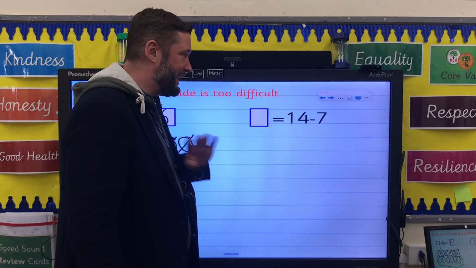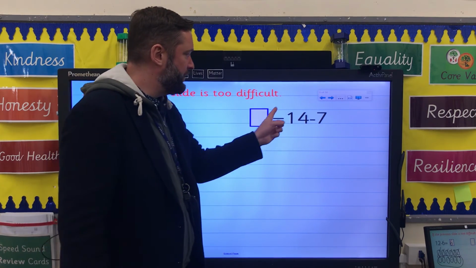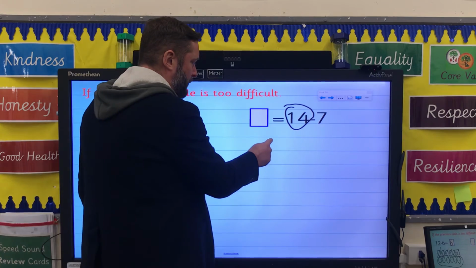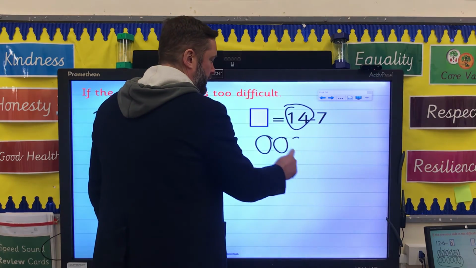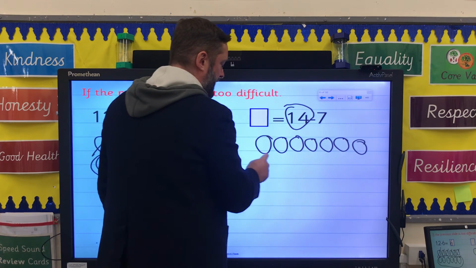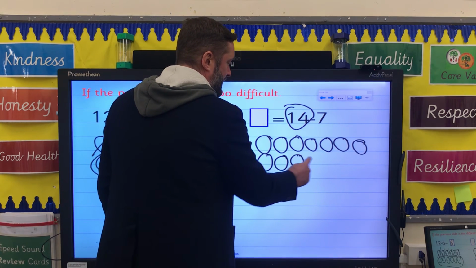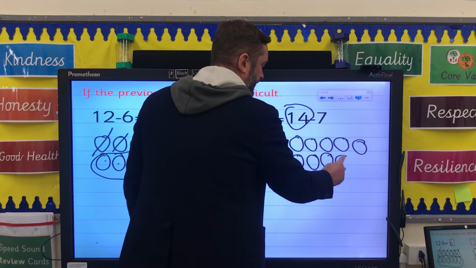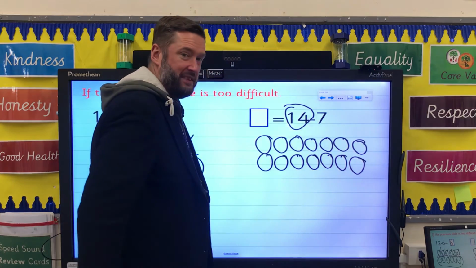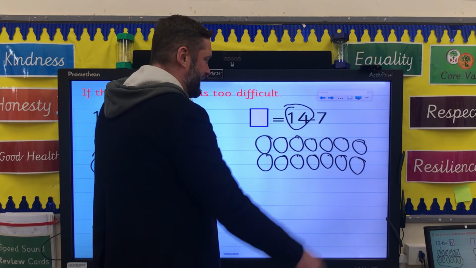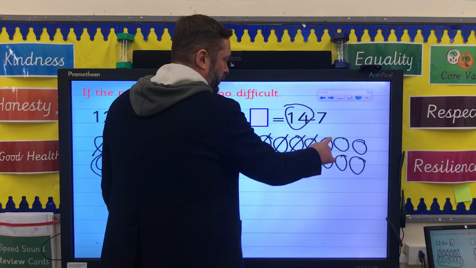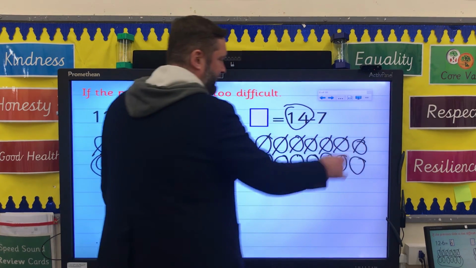This one is exactly the same, the answer's just going first. So we're going to make the whole, or the largest number, count with me. 1, 2, 3, 4, 5, 6, 7, 8, 9, 10, 11, 12, 13, 14, made the first number. How many are we going to take away? That's right, 7. 1, 2, 3, 4, 5, 6, 7.